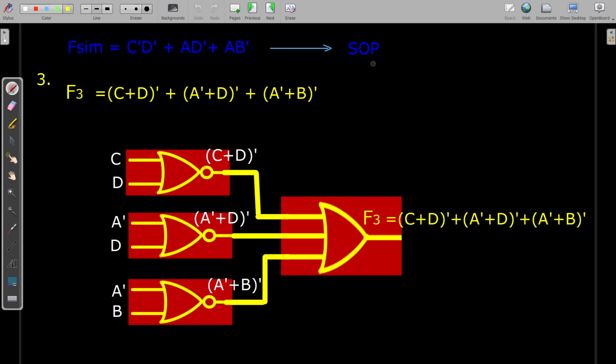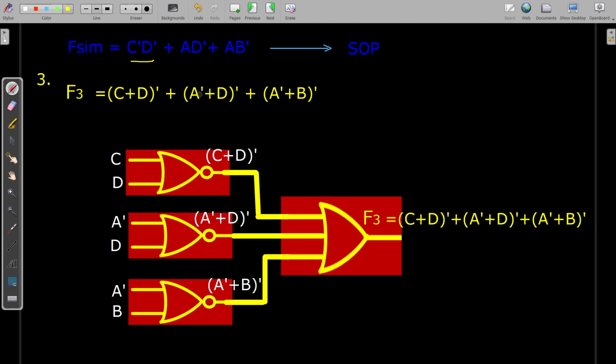Now we move on to the SOP, sum of product. This also we have obtained using K-map already as a first step, and this C'D' is taken and it is complemented, so you get C plus D, or we are finding the dual, right? So it is taken as (C plus D) the whole bar.